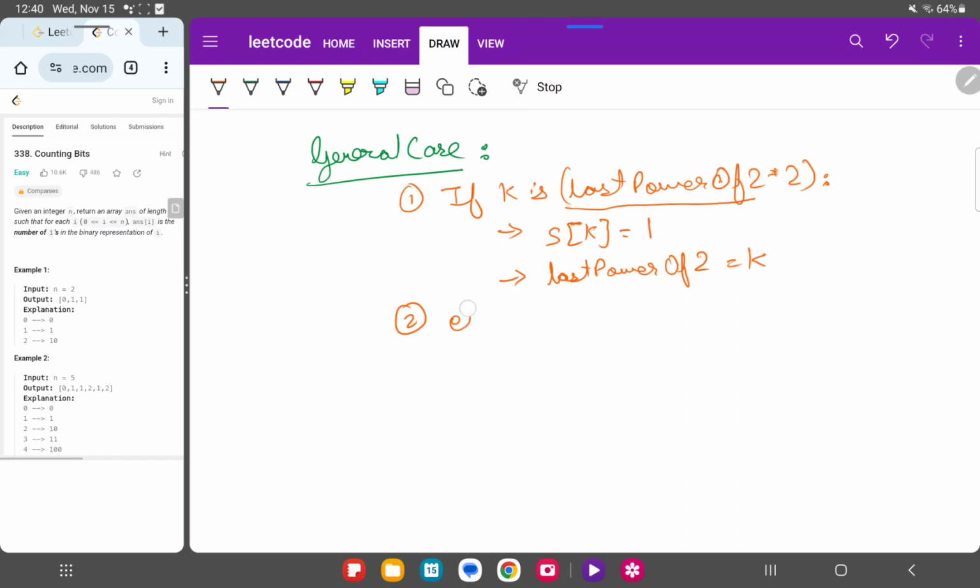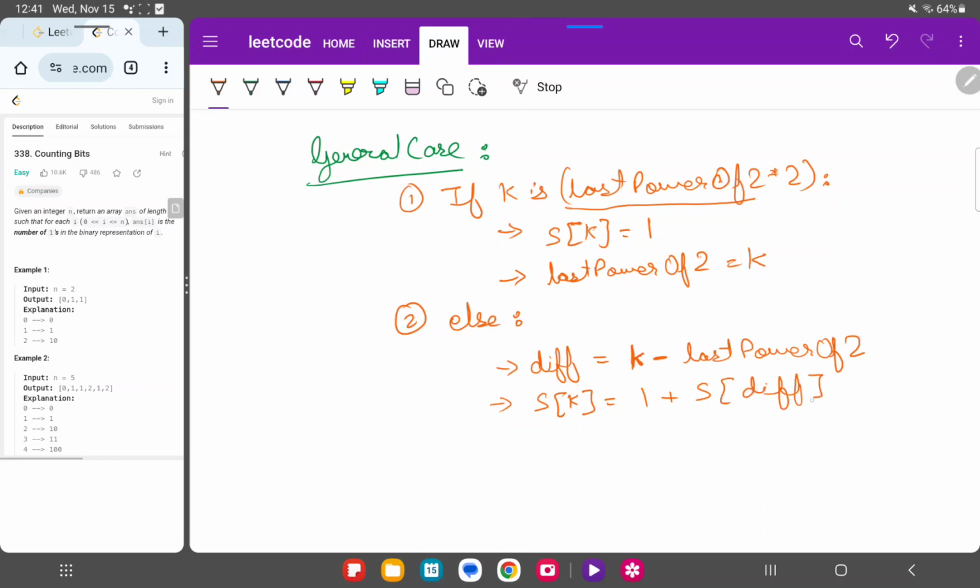Also, if k is not a power of 2, it's like a different number, let's say 3, 5, 7. In that case, you'll first create a variable difference, which will store the current integer index subtracted from the last power of 2. Basically get the difference of how much it is different from the last power of 2. And then use this formula, 1 plus S of difference.